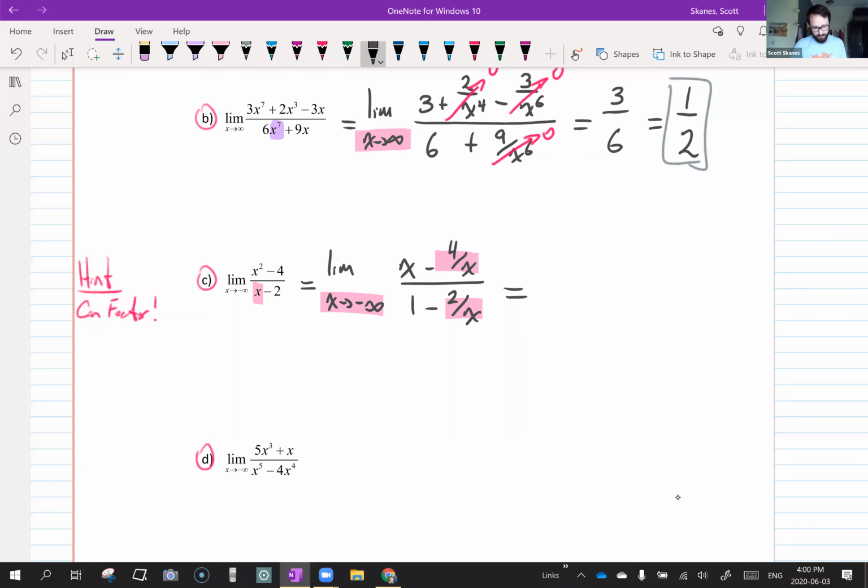So we've got a problem here. This, when we directly substitute, gives us negative infinity over 1, which is negative infinity. Although you can factor from the beginning. Same thing that Mohammed just said.